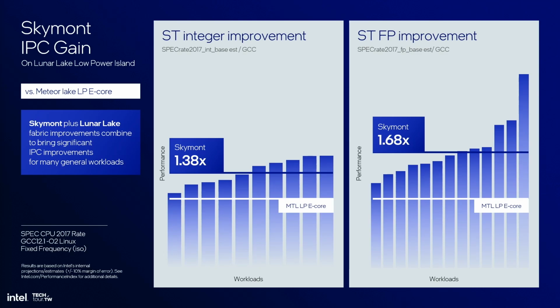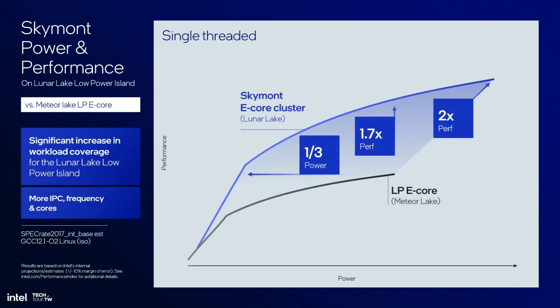So that's IPC. Let's look at power and performance. Here's power and performance. This is a single-threaded view. So this is a single SkyMont E-core in the Lunar Lake low power island against a single Crestmont LP E-core in the SoC die in Meteor Lake.